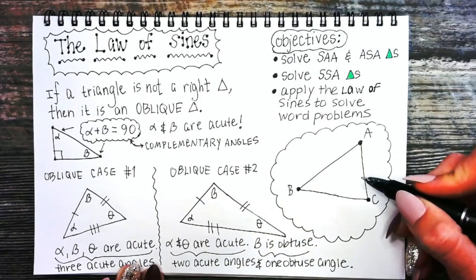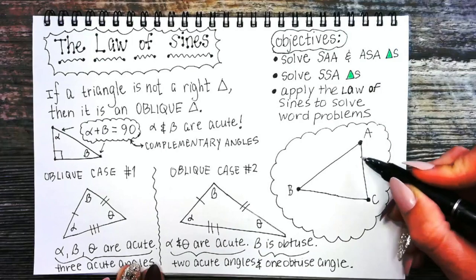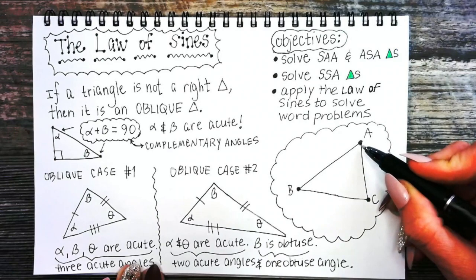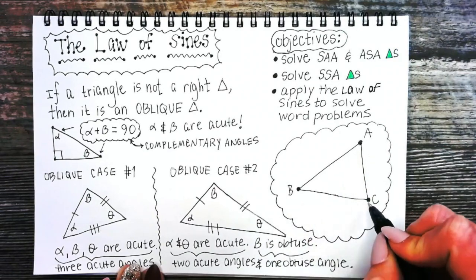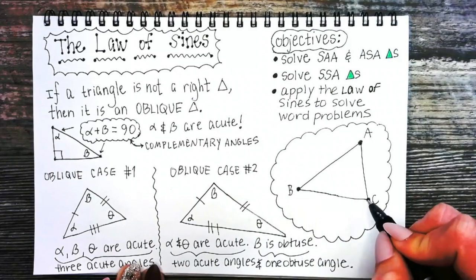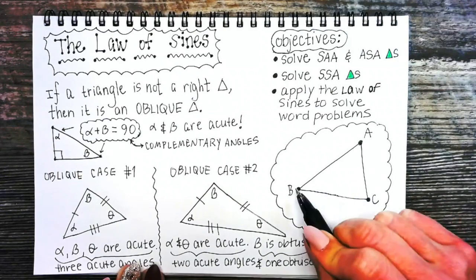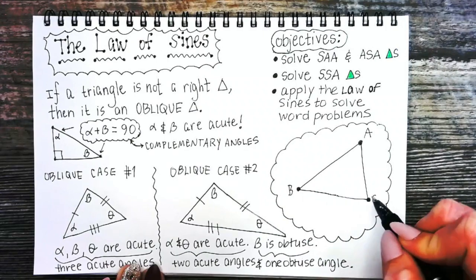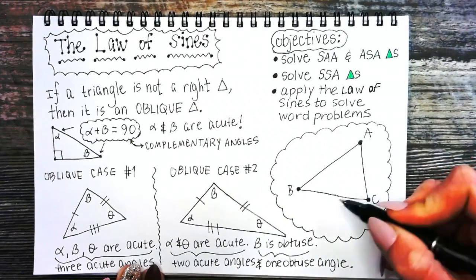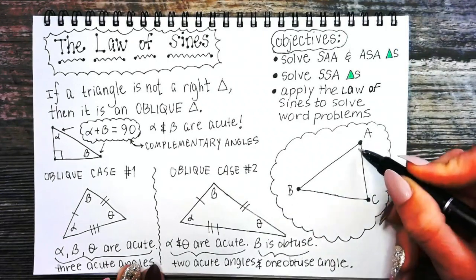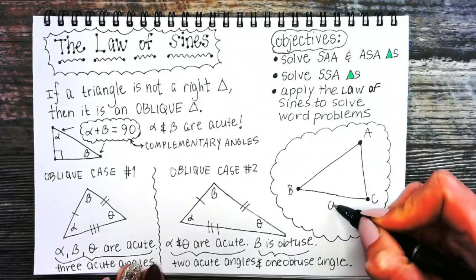Each side should be labeled based on the angle it's across from. BC has normally been an acceptable way to name a side of a triangle. However, instead, I would like you to label side BC as lowercase a.